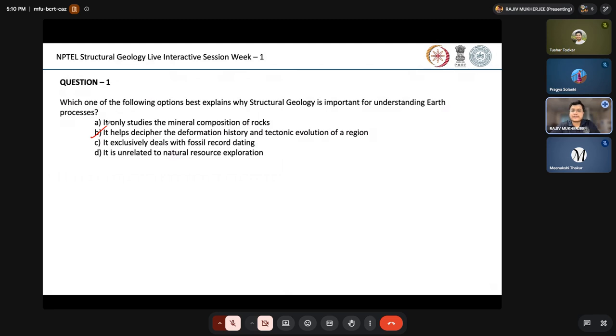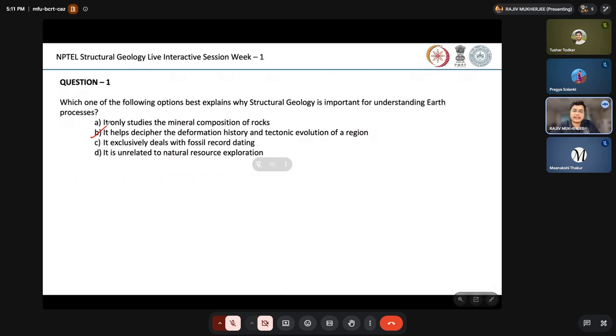So we have seen the deformation of metals, and we have seen the deformation of other materials that are commonly present on our earth. From that observation we can relate: if a metal deforms like this and produces some kind of structure, and we also see that same kind of structure in some rocks, that means these rocks must have deformed before. So it's a very ancient thing.